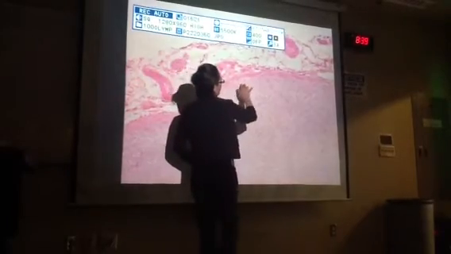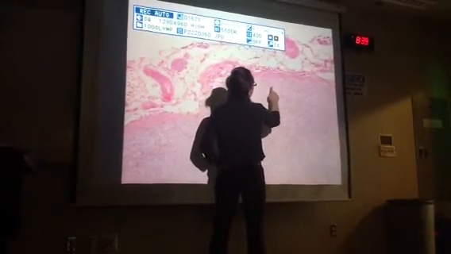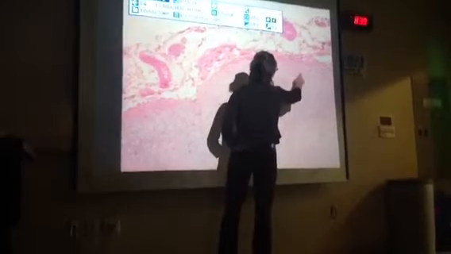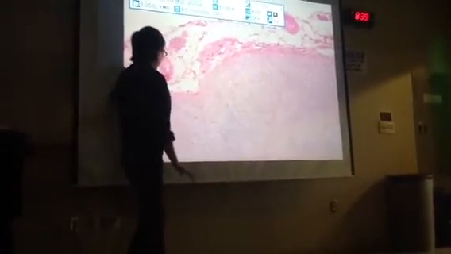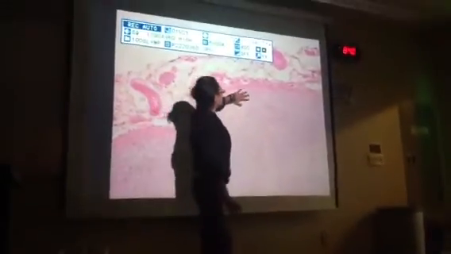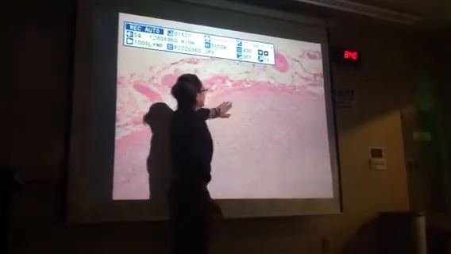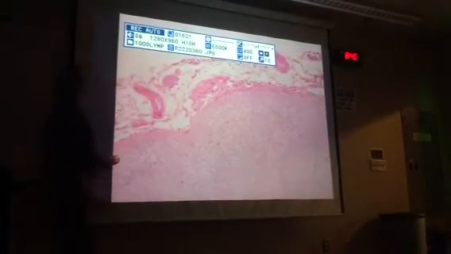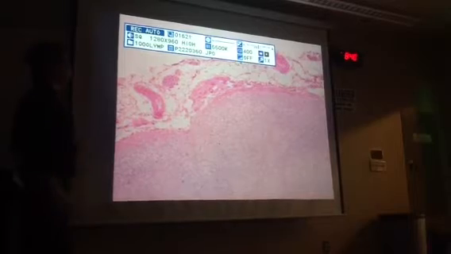Here you can definitely see them moving in that direction. The layer right under the capsule, that's zona glomerulosa, the layer releasing your mineralocorticoids like aldosterone.